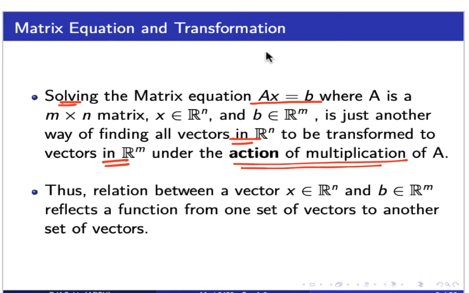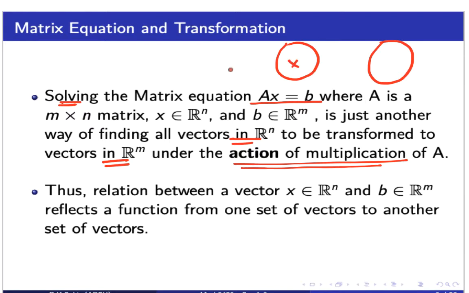Remember, we did that in the last session on the introduction to linear transformations, that when A acts on x, this matrix equation can be thought of as an action of the matrix on a vector x.